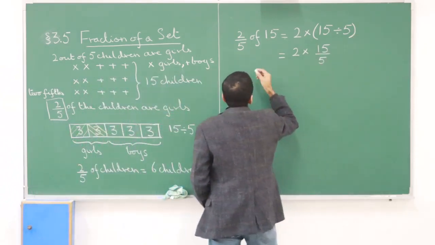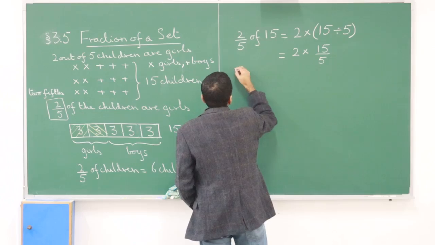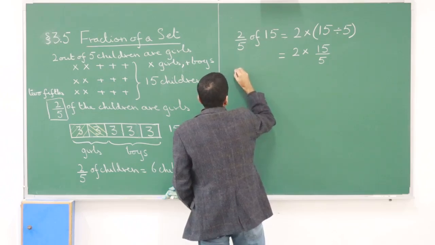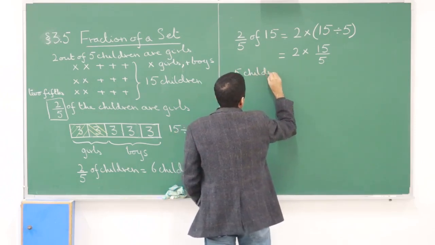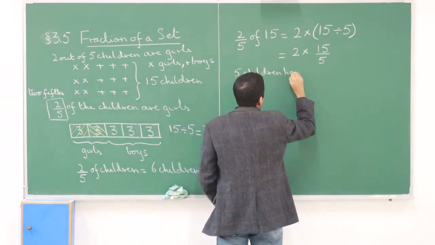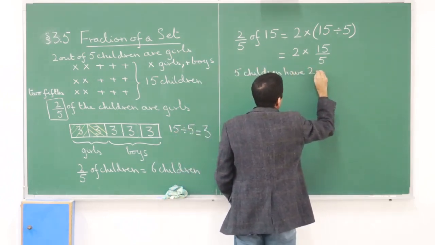Here's a story. 5 children have 2 aunts.